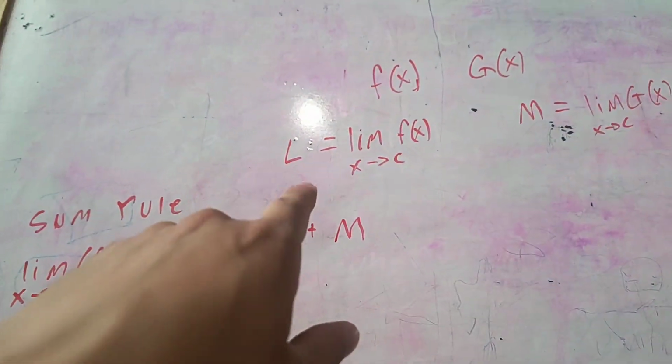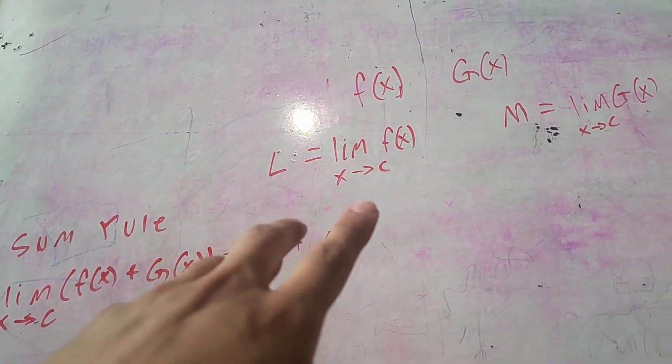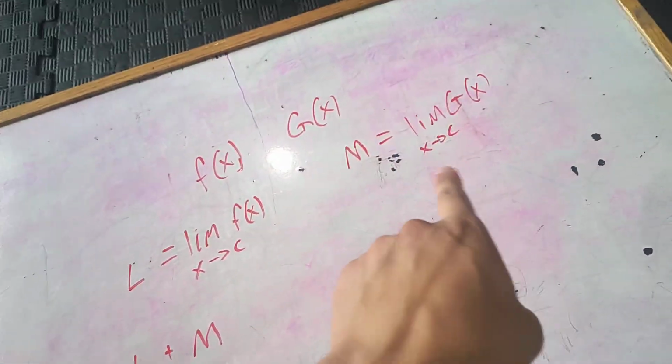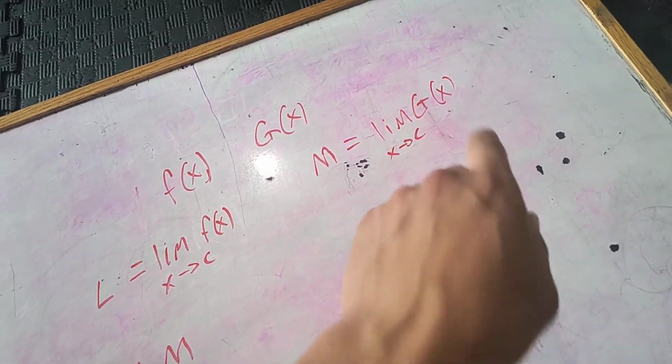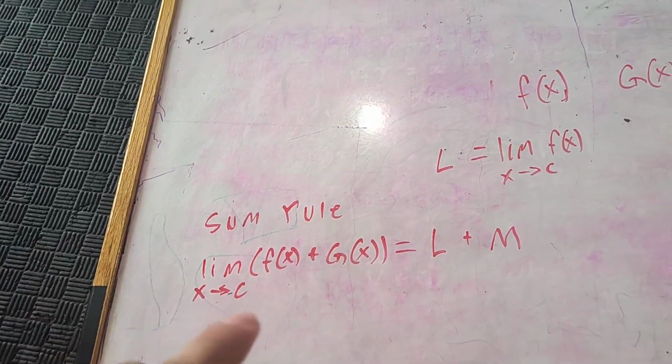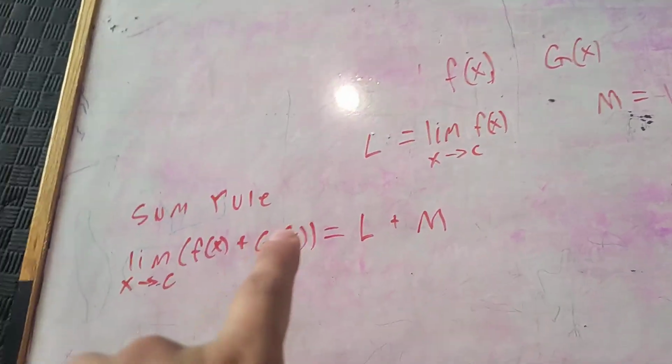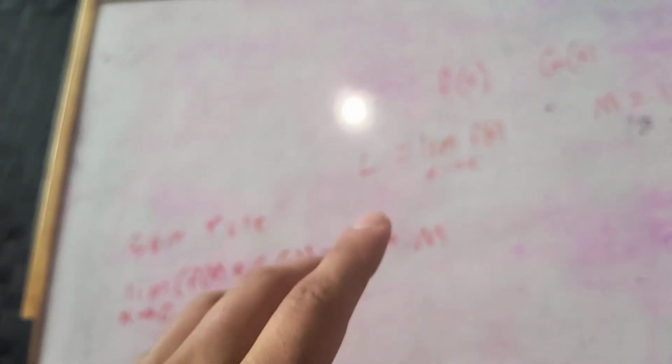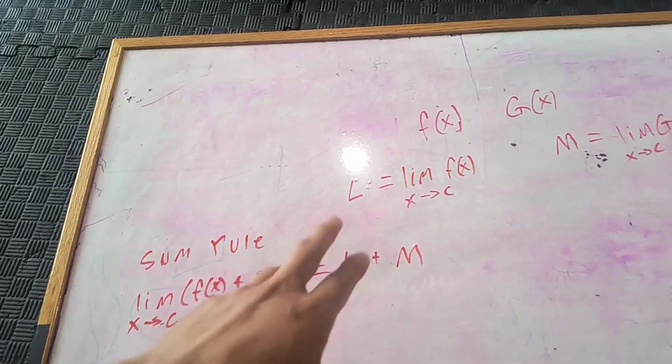L is the limit of f of x as x approaches c, and m is the limit of g of x as x approaches c. What this is saying is that the limit of f of x plus g of x is equal to just combining both those limits.